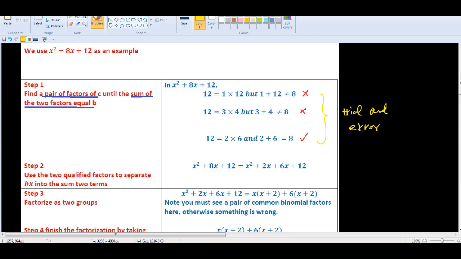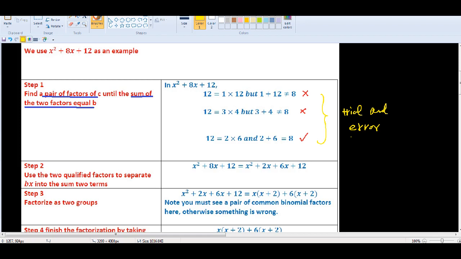Of course, after some time, you might not need to write everything. You can do some mental math. 12, if I use 1 times 12, 1 plus 12 is not 8, so that's not the choice.